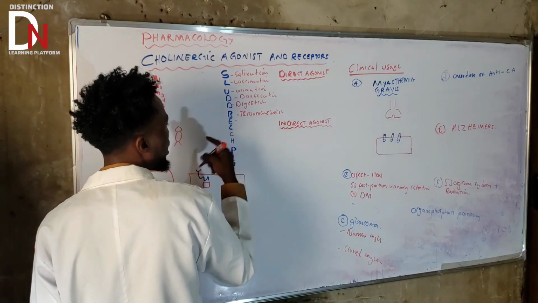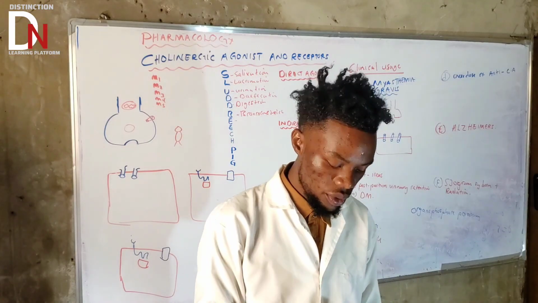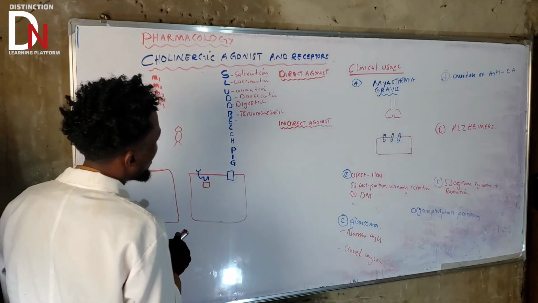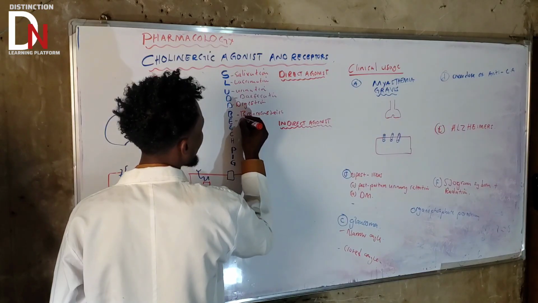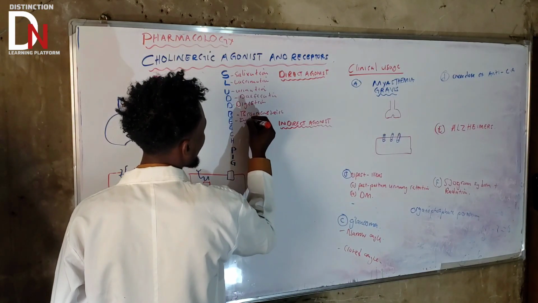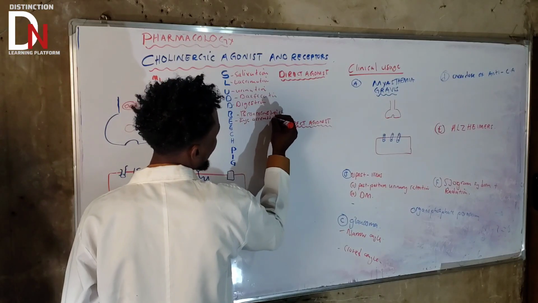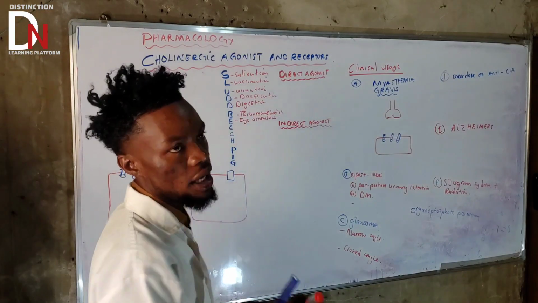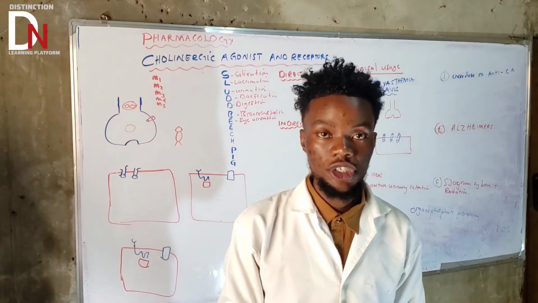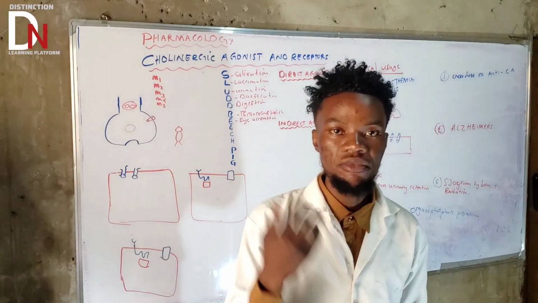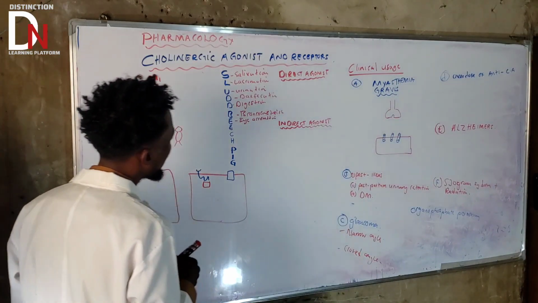E stands for eye accommodation. Basically, if we talk about eye accommodation, we're talking about near vision. So it promotes near vision. Okay. So that's about E. It is eye accommodation.